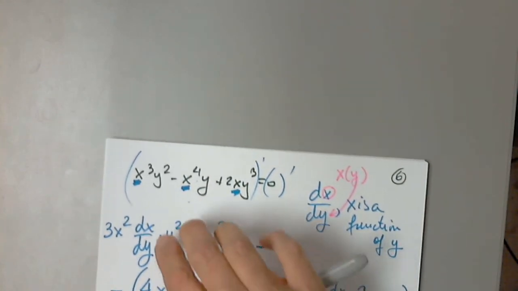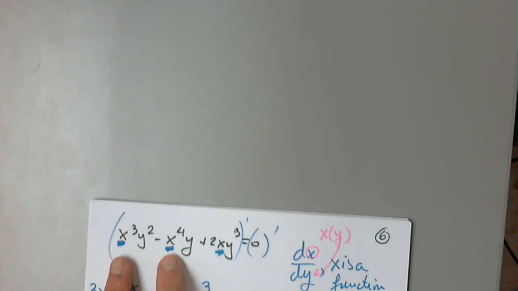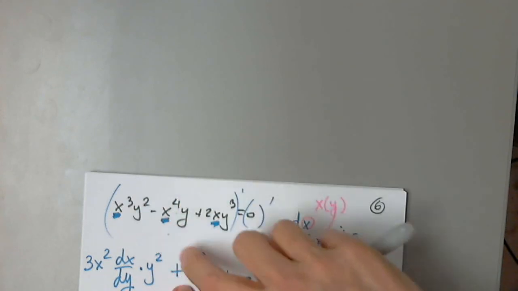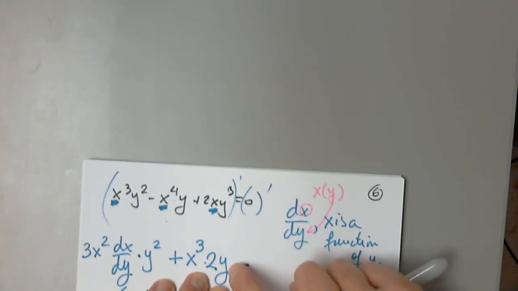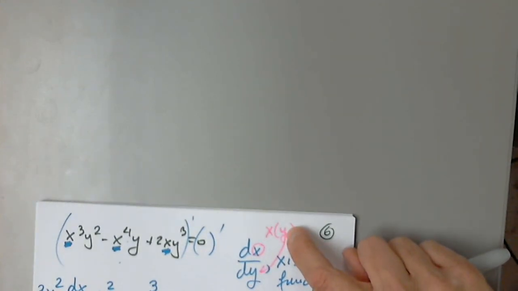So that's why when I differentiate this product, I have 3x squared times the function prime, because it's x. X is the function. That's why I highlighted it so I don't forget myself. Times y squared, and then plus, when I differentiate y squared, I only have 2y. Not times dy over dx, because that is the independent variable.